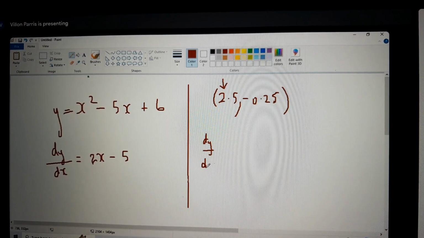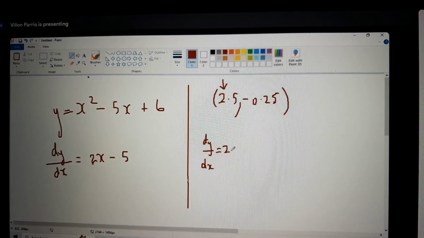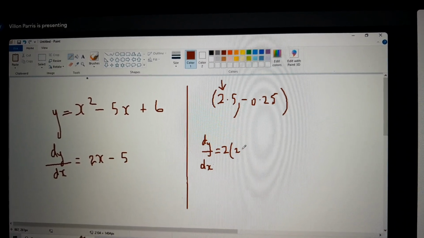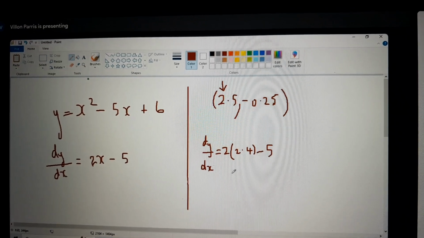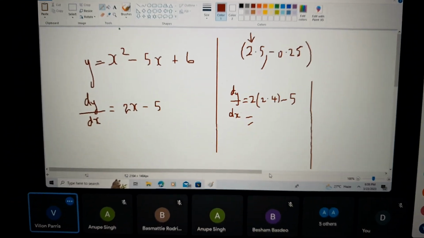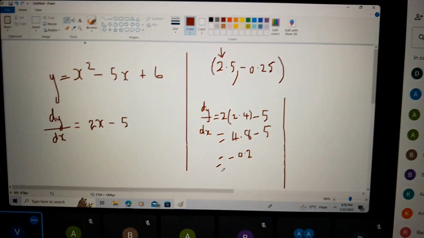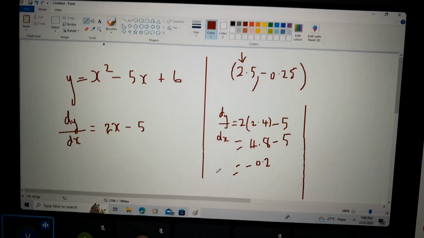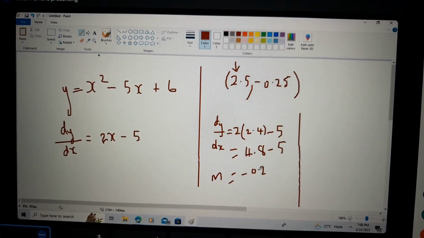So let's see what happens at, what's the gradient at 2.4? dy/dx is equal to 2 times 2.4 minus 5. So I want to just calculate that quickly. We see right away that the gradient before the point is negative.